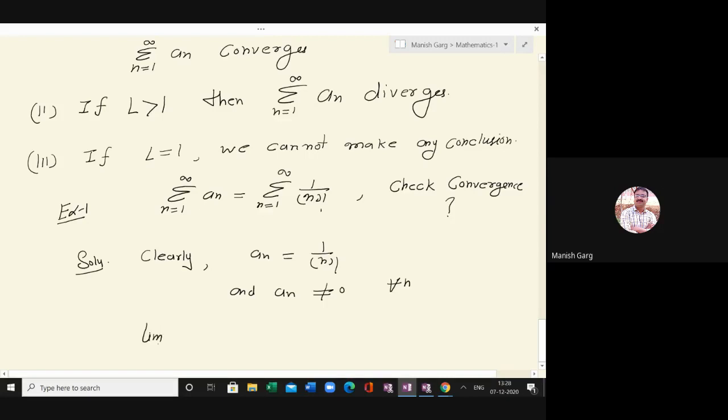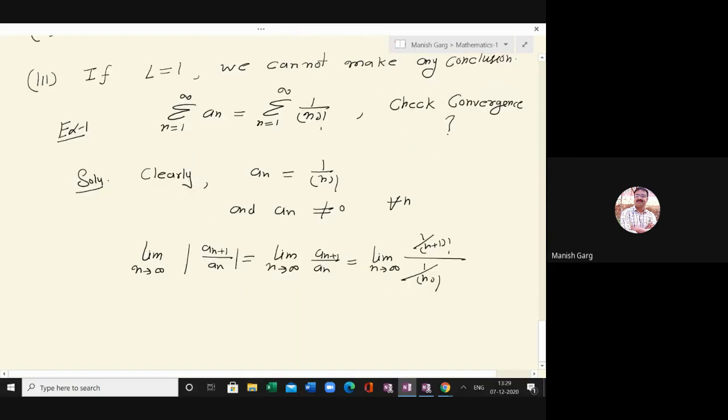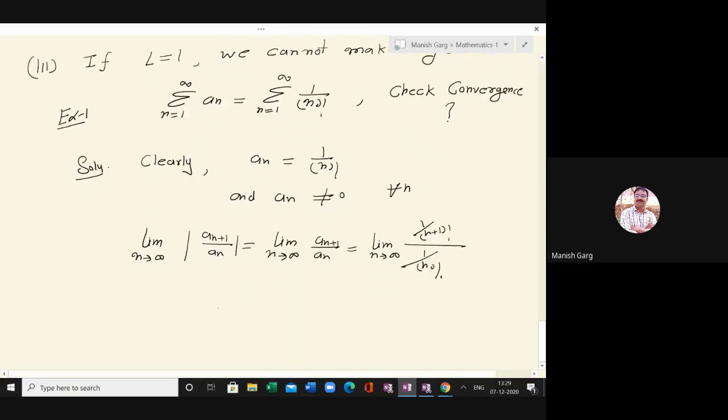Now limit n tends to infinity mod a(n+1) over a(n). Because all are positive, you can directly write it like that. So this will be limit n tends to infinity, 1 upon factorial (n+1) over 1 upon factorial n.